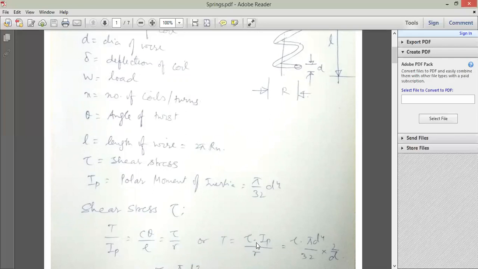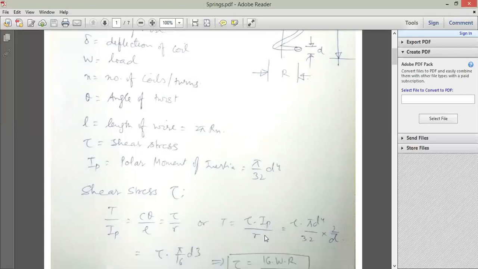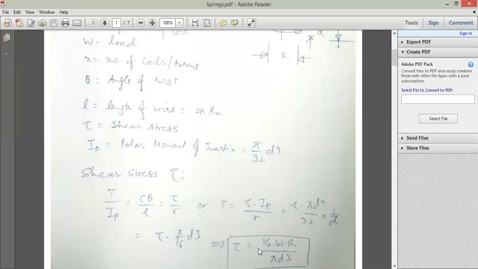Substituting the value of IP, the polar moment of inertia, pi d raised to the power 4 by 32, and the radius d by 2, the 2 comes in the numerator, and this way we find shear stress as 16 WR by pi d cube. It's dividing 2 by 32.